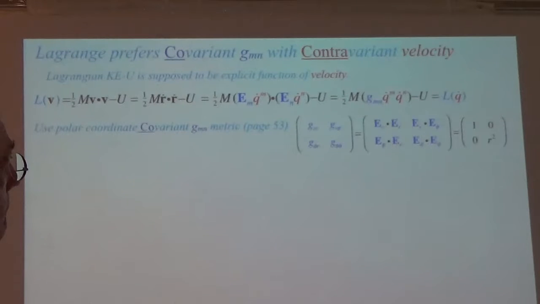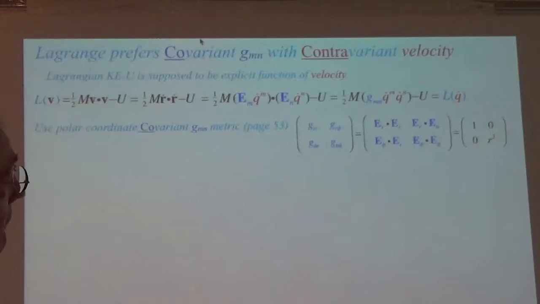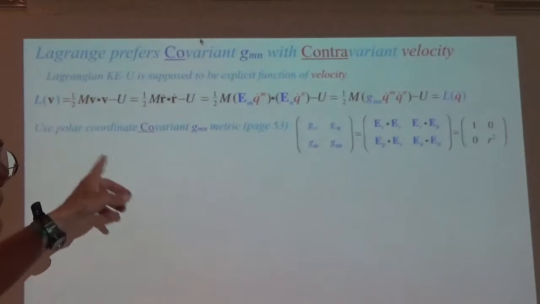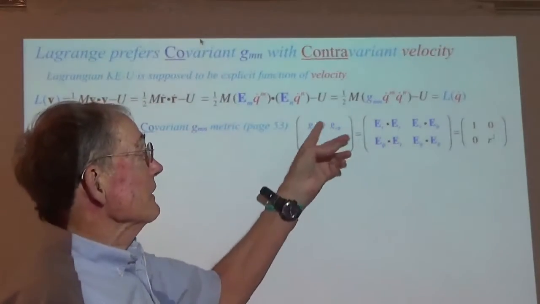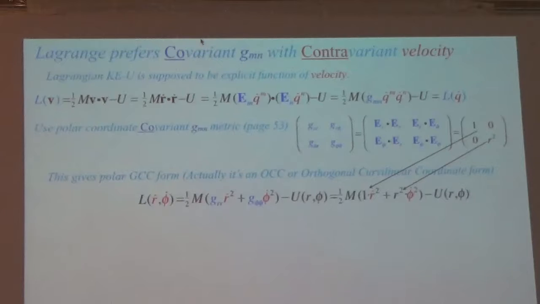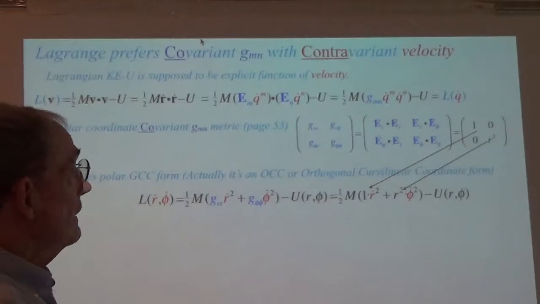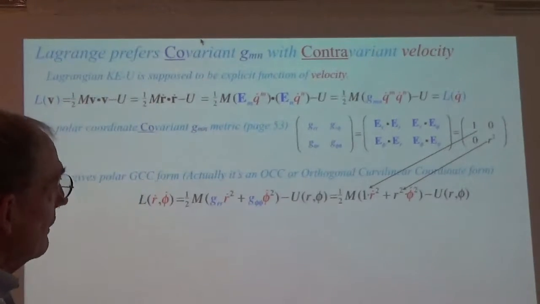Now here is what we're dealing with, the metric coefficients. So once you've got your Jacobian, you've got these guys, and you just put them together to make 4 of those, and you're off to the races. This gives a polar GCC form, and as I've said many times already, it's really an OCC. Okay, it's just going to make the job a little easier.